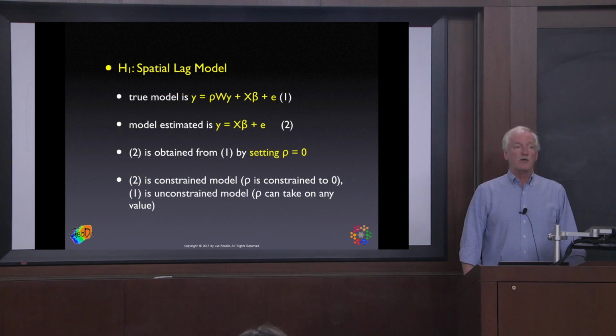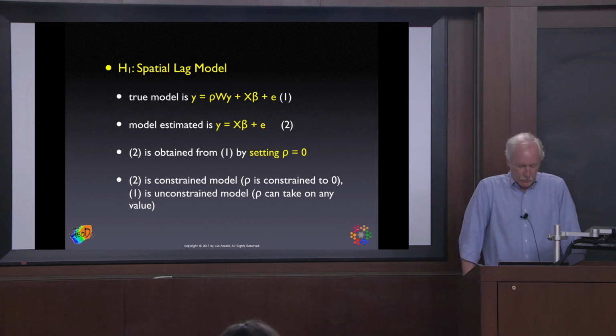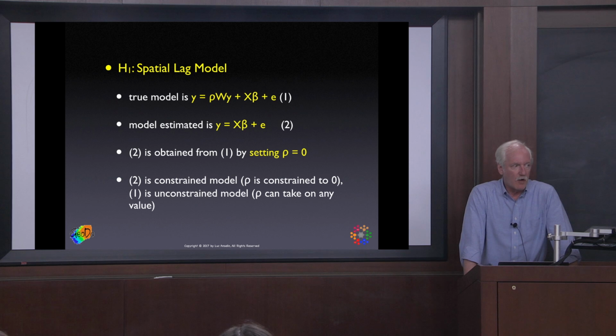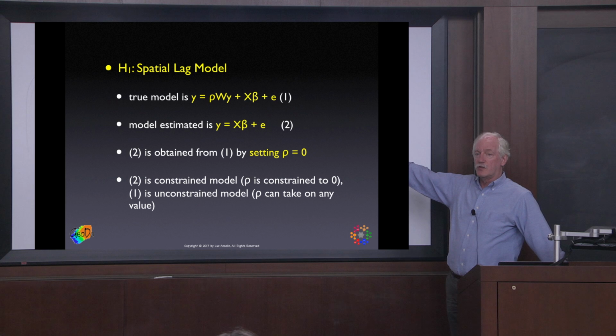So the two major alternative hypotheses that we will be concerned with here are, on the one hand, the spatial lag model, and on the other hand, the spatial error model. And just to repeat, the true model would be the one with the lag term in it. The model that we are trying to establish that this is in fact a true model is the one without the spatial lag.